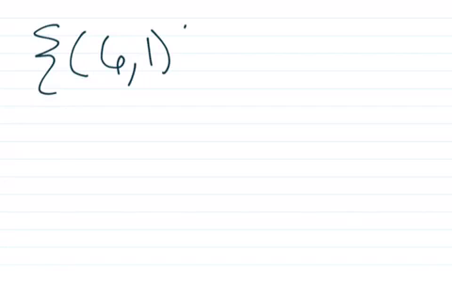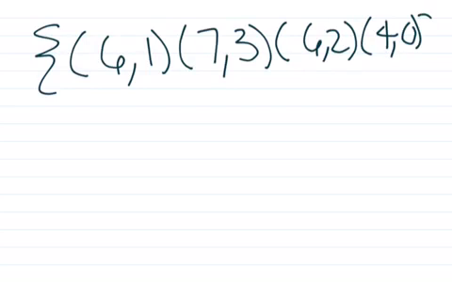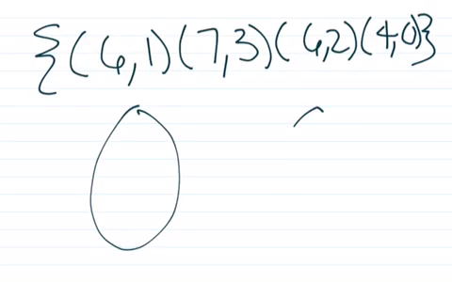So let's do another example. Let's say we had 6, 1, 7, 3, 6, 2, and 4, 0. Okay, we draw our mapping diagram.